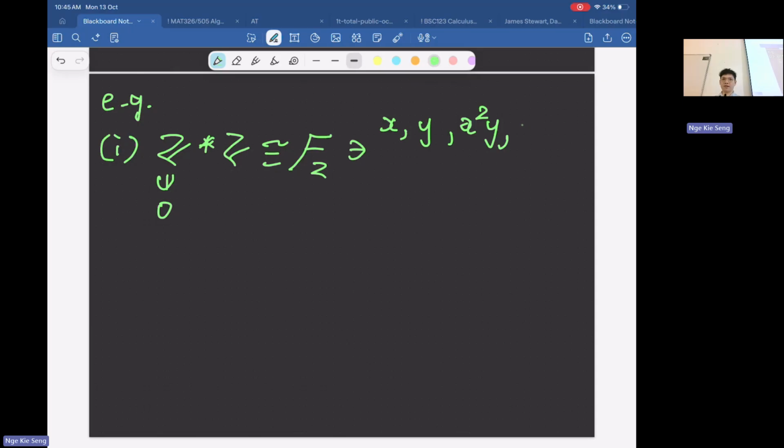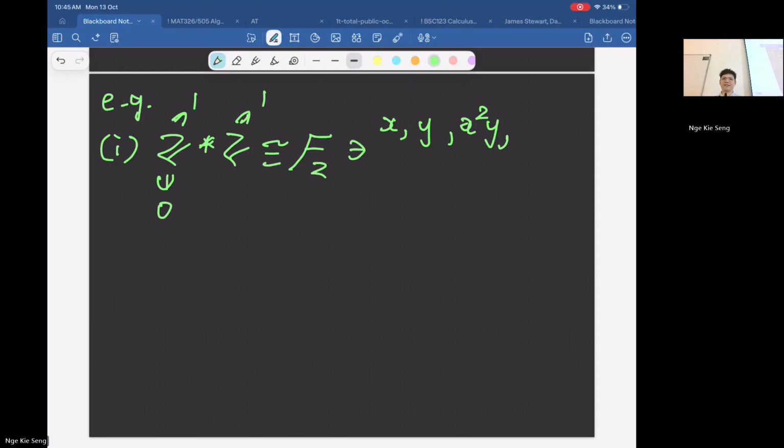On the other side, you should think of X and Y as generators. On the other side, you also have two generators, right? So maybe you can compare the elements between these two. What do you have?